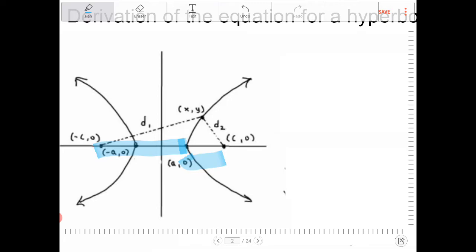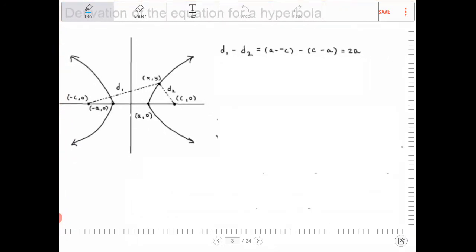The difference between d1 and d2 will be a minus negative c, minus c minus a. And it is based on this rule that we're going to be able to generate an equation for the hyperbola. So let's take a look.